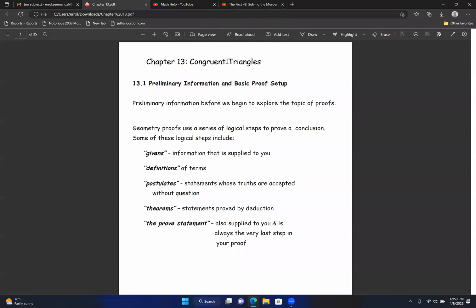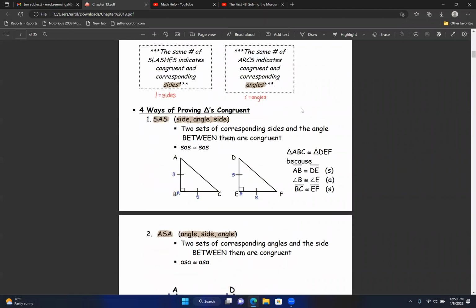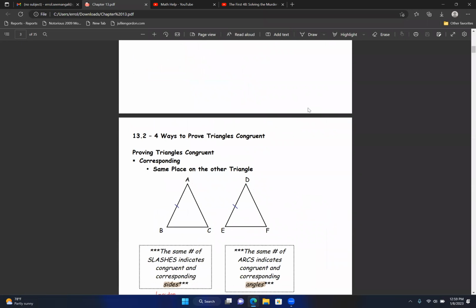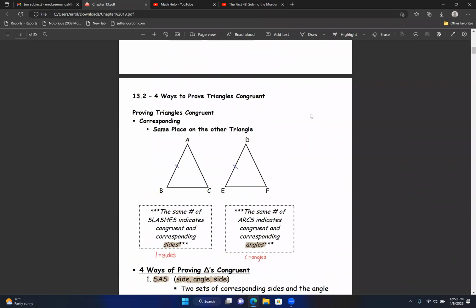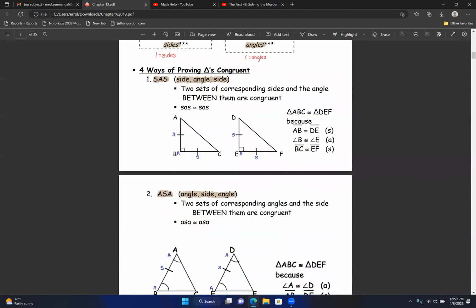Do you see it? Congruent triangles? Okay, so these are the notes that your teacher gave you? Yeah. Okay, so we talked about some of this in December. SAS, right? Side angle side. These are just ways to prove that two triangles are congruent to each other.